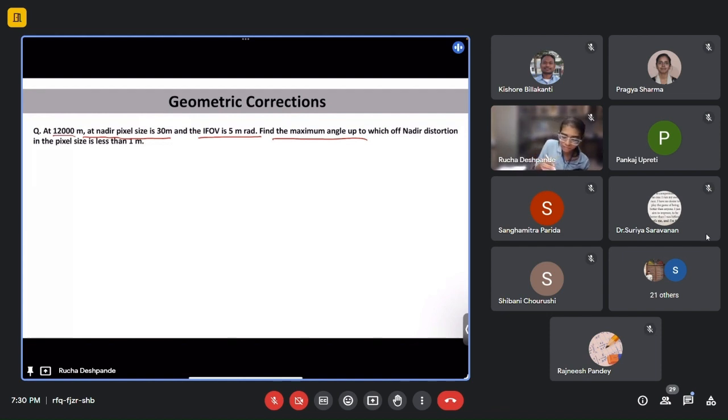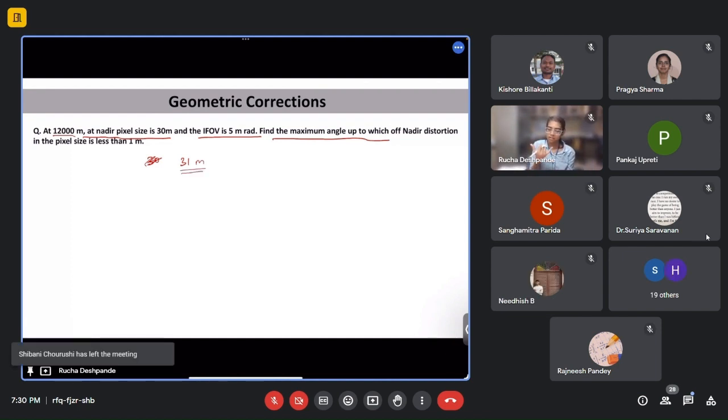So we'll calculate this for pixel size equal to 31 meter, so that we will get the angle within which the distortion is smaller than 1 meter. So pixel size, so this is D. So D is equal to IFOV into H.